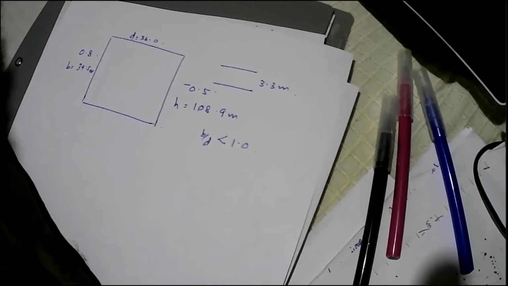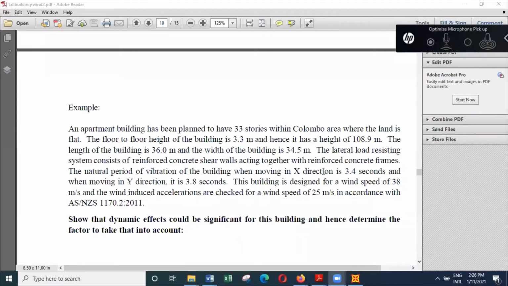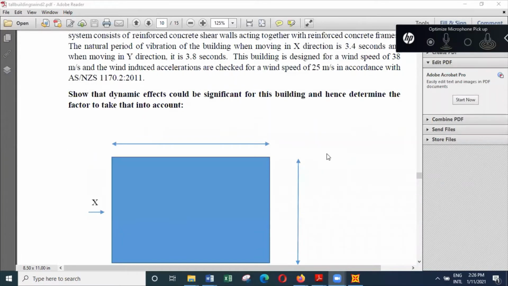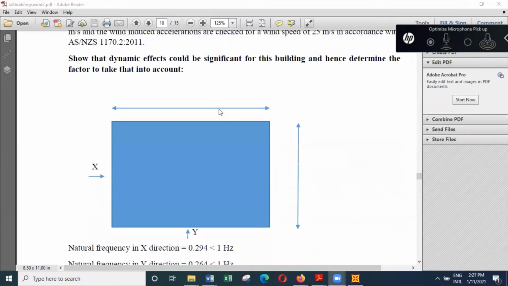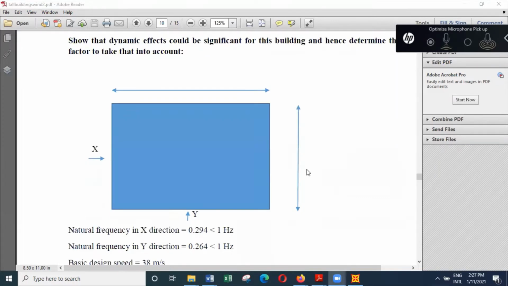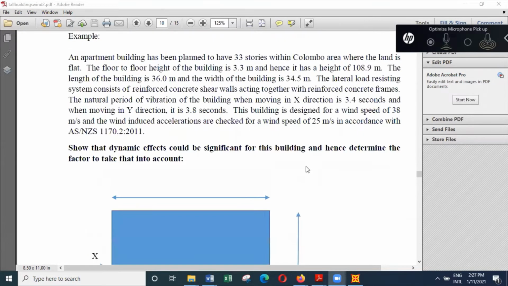And first option. So the length of the building is 36, D is 34.5, and the natural period of vibration has been given in the x direction as 3.4 seconds, y direction as 3.8 seconds.